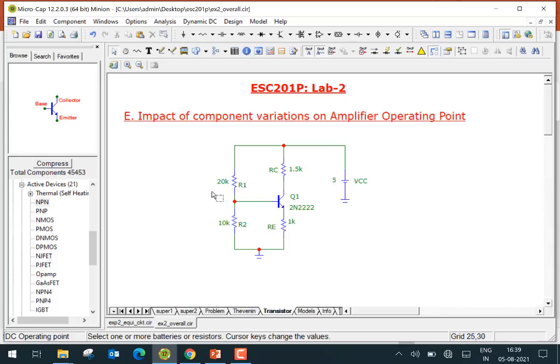Even though the circuit is nonlinear, we are talking about small changes, so we could consider the impact on collector current to be linearly related to all these changes. So you could just sum them up. All right, so these are the things that we need to do.